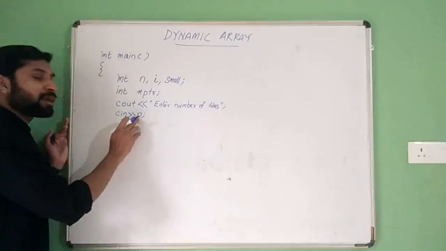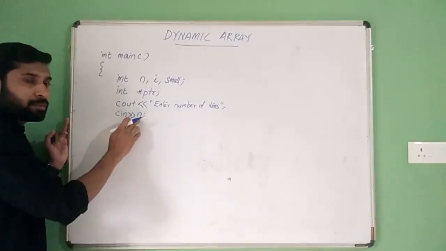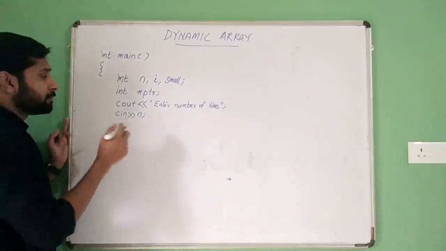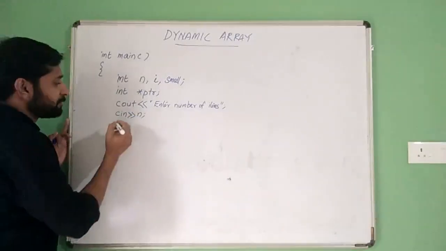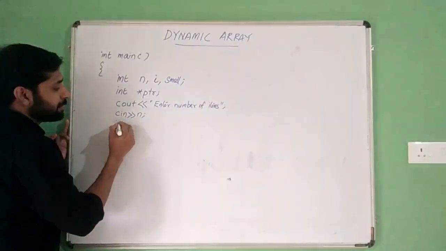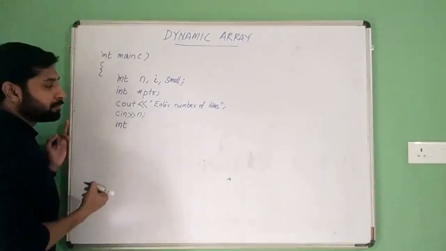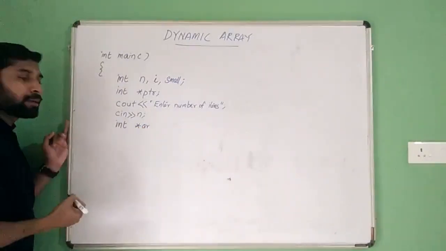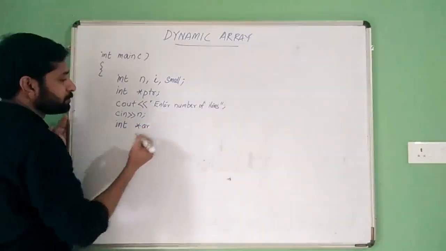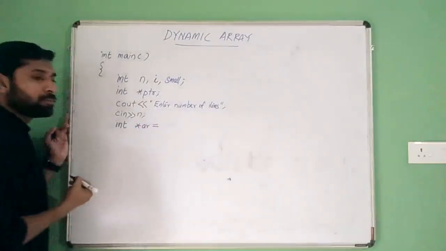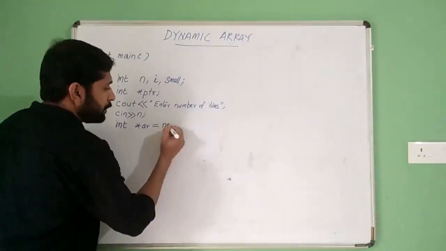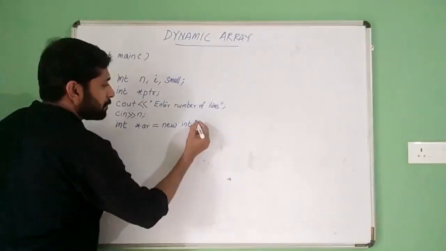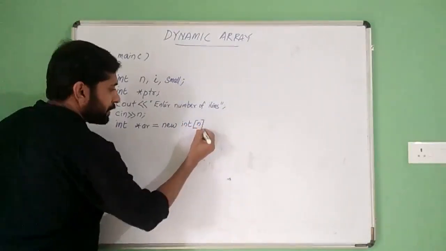So we have got the number of elements that we want to store. Now based on this number we are going to create an array. So the declaration is we are going to create an integer array, int *ar = new int[n].